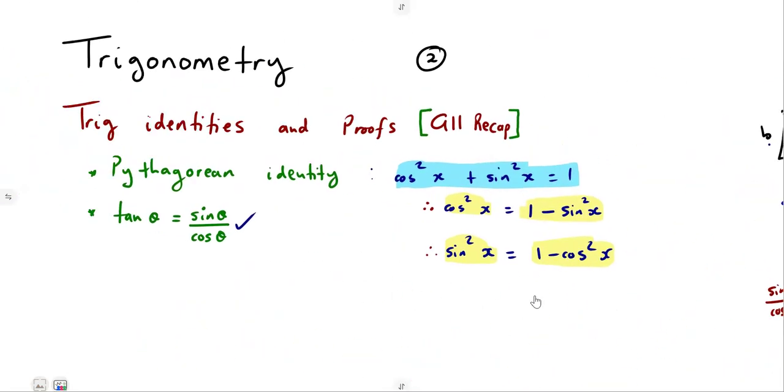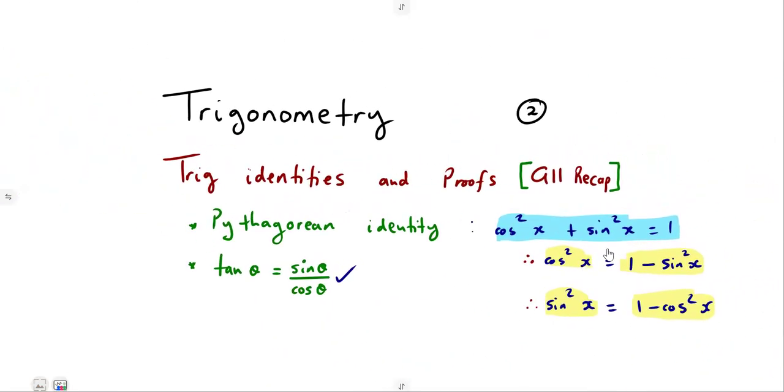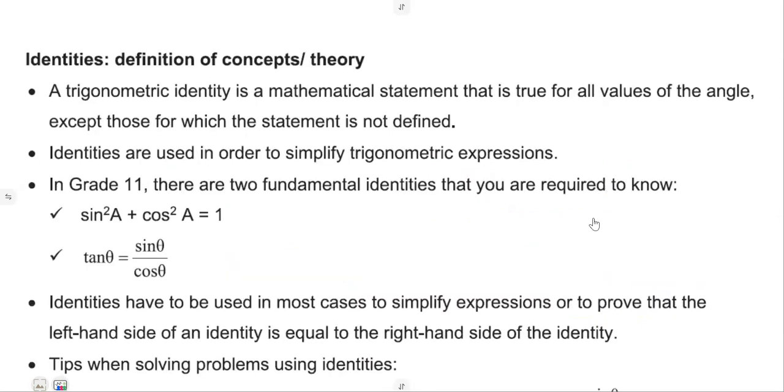All right. So anyways, this is it, guys. In order for us to apply or to use this, the identities, definition, concept, and theory. A trigonometric identity is a mathematical statement that is true for all values of the angle except those for which the statement is not defined. It must be true.